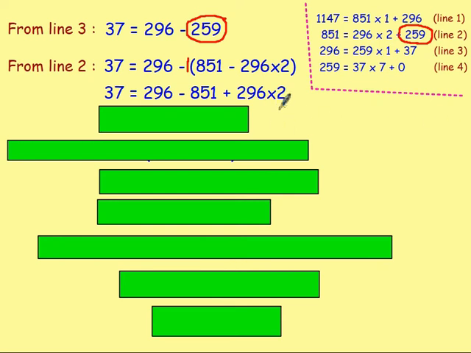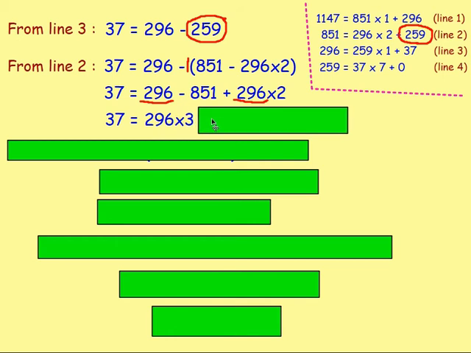After that, can you gather anything together? Well, yes, you can see you've got a 296 here, and you've got 296 here. So if we've got 2 of them here, 1 of them here, overall we would have 3 lots of 296. And we're still taking away the 851. After that, can we tidy that up anymore? Well, no, we can't. So we go up a line now.